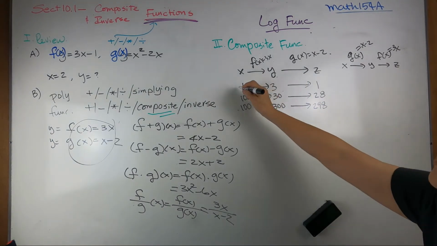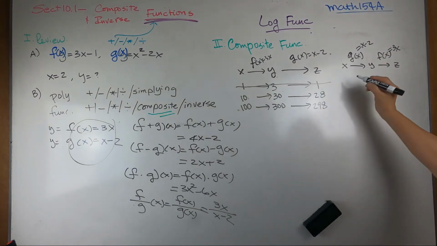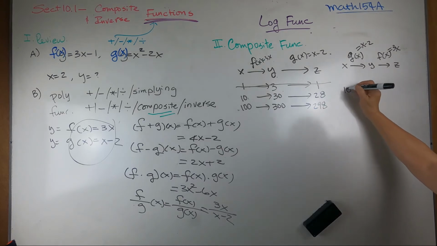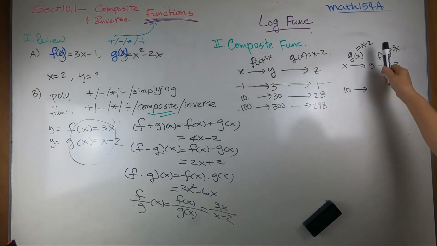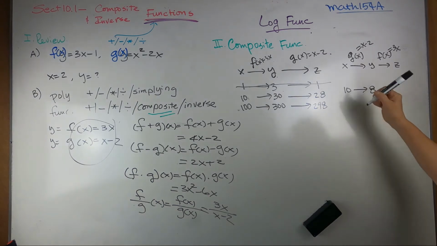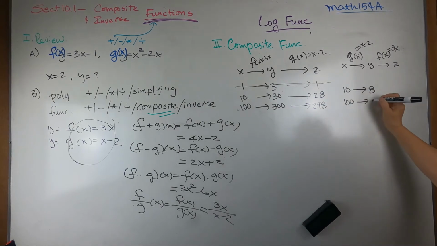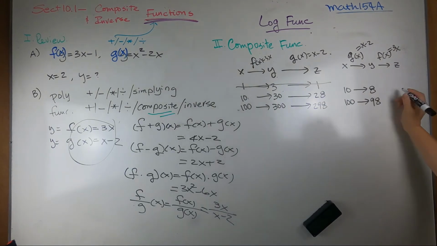I probably don't do 1 because 1 minus 2 becomes negative. Okay, let's just start from here. So 10 goes to where? Minus 2 would be 8, right? If it's 100 and minus 2 would be 98.